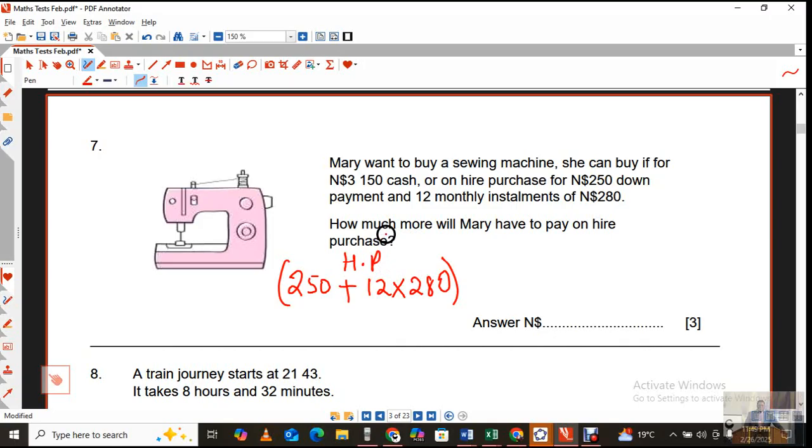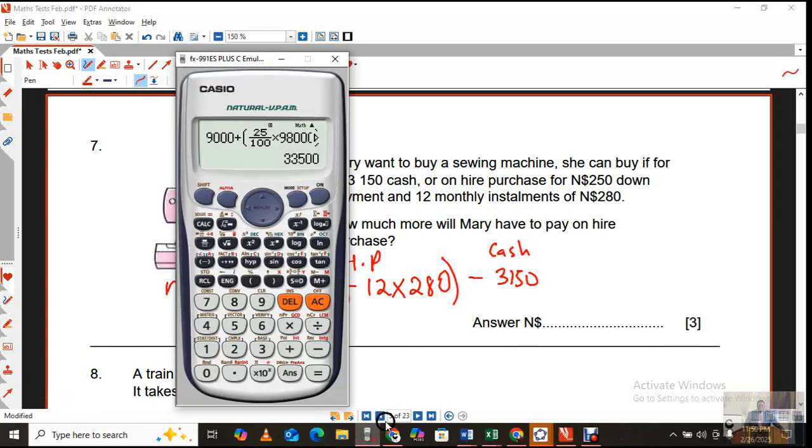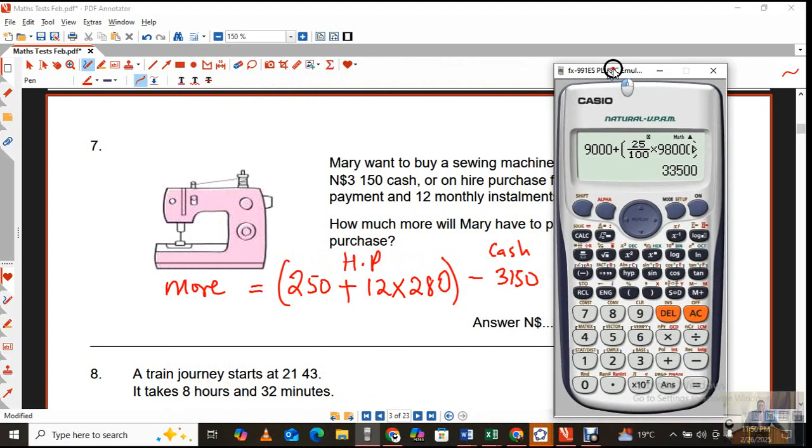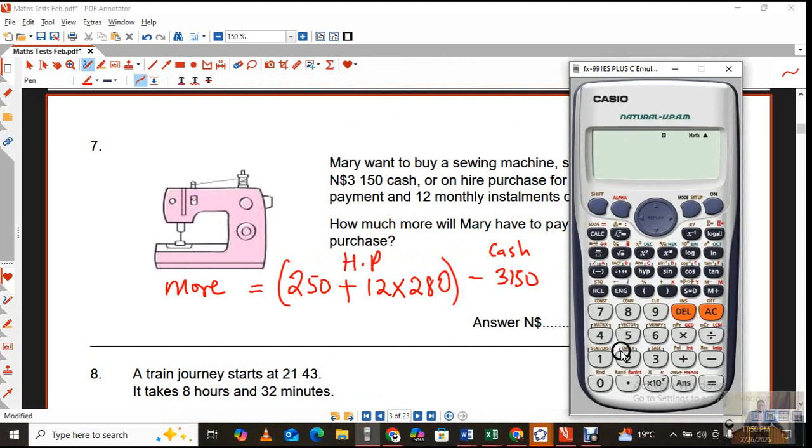But the question is asking, how much more will Mary pay? So if you take that HP amount and subtract the cash price from it, that will give you exactly how much more the person has to pay. Just for interest, let's see how much the person is going to pay in total. The 250 is a down payment, so it's also part of the payment towards the sewing machine. So 250 plus the 12-month installment multiplied by how much the person pays every month.